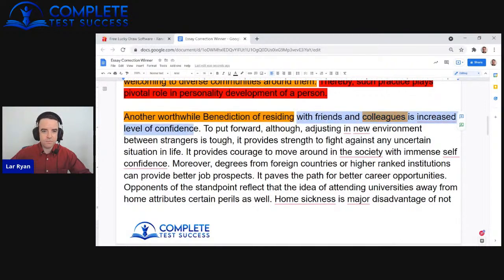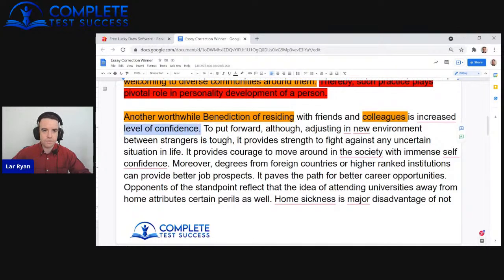So living out of home, again, it's not very clear. Although "adjusting in a new environment between strangers is tough" — it doesn't matter if it's difficult to live with strangers. You need to explain to me how it improves your confidence. If it's tough, that's irrelevant. We're not interested in how difficult it is. We're only interested in how it improves confidence.